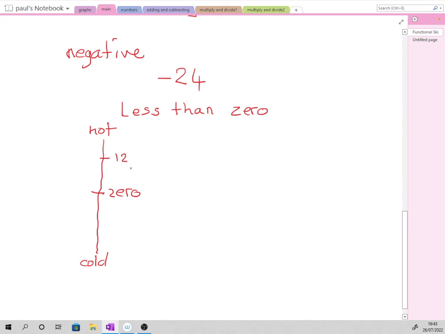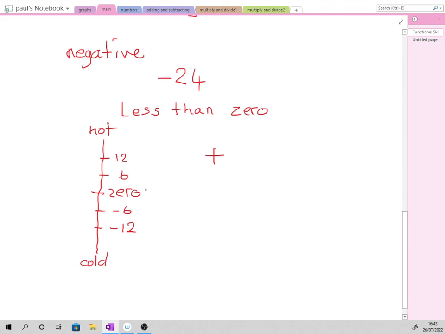So when we have a positive number, we don't usually put the positive in front of it. It's not needed. If we see the number 12, it's positive 12. And if we go down here, we can have negative 12. So let's move halfway up here. This is positive 6. Down there, negative 6.